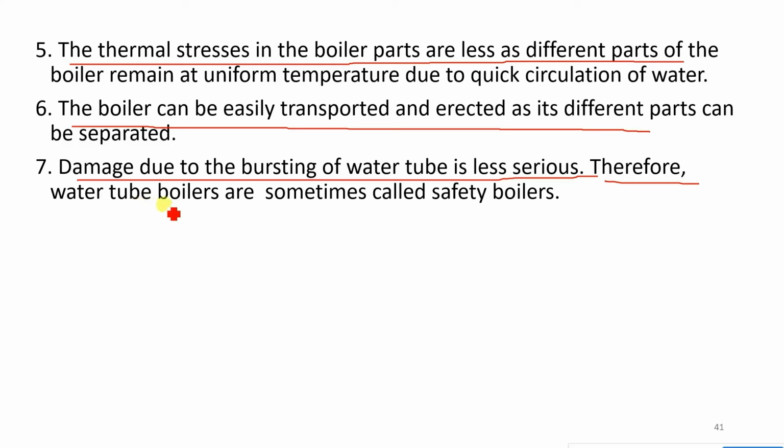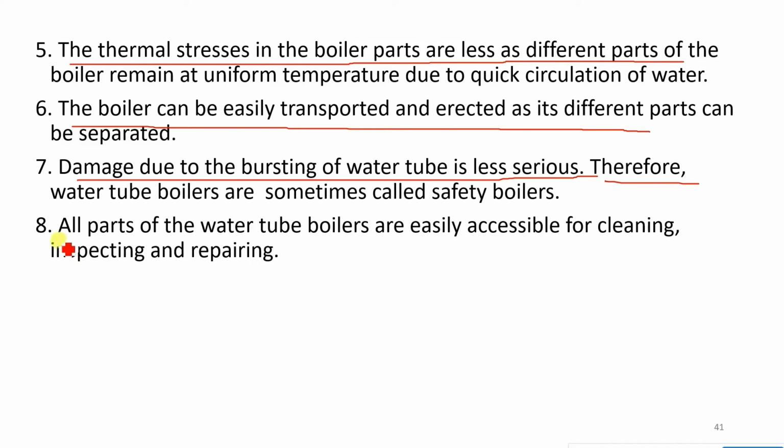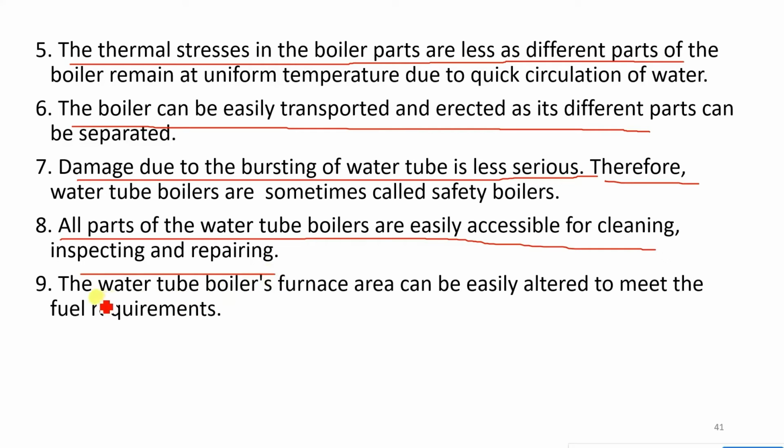Therefore, water tube boilers are sometimes called a safety boiler. All parts of the water tube boiler are easily accessible for cleaning, inspection and repairing. The furnace area can be easily altered to meet the fuel requirement.